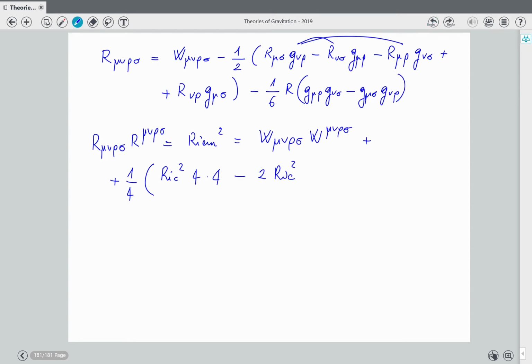Because it's a double product, yes. So one double product, these two gives minus 2 Ricci squared. This one here gives again minus 2 Ricci squared. Then you have this times this, which gives R squared plus 2 double product R squared, because you see R mu sigma g mu sigma R nu rho g nu rho.